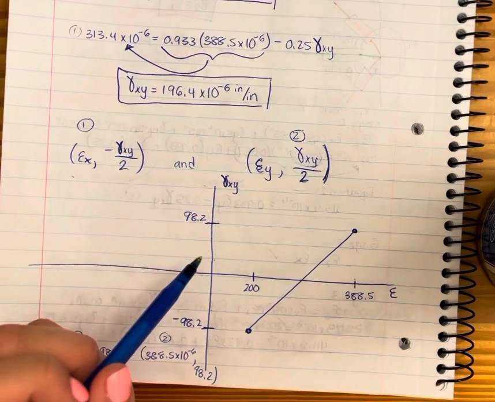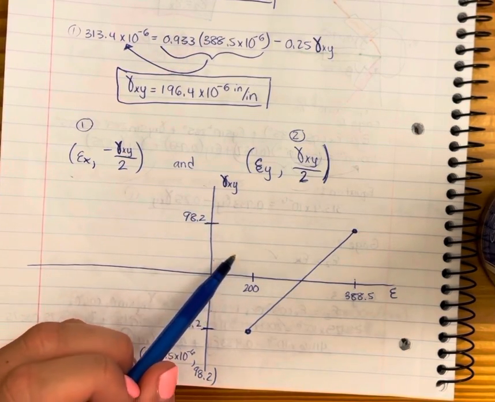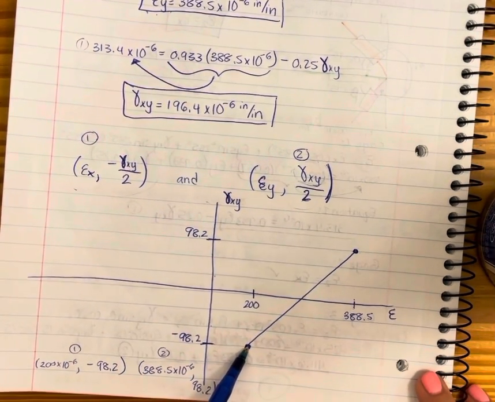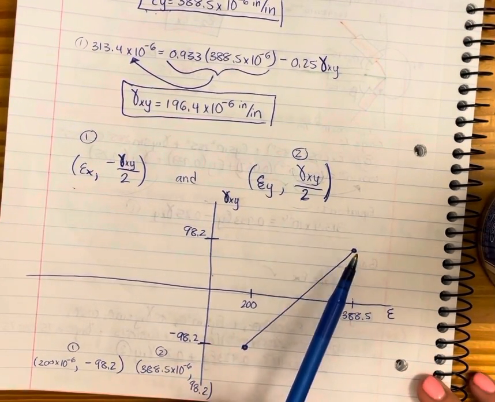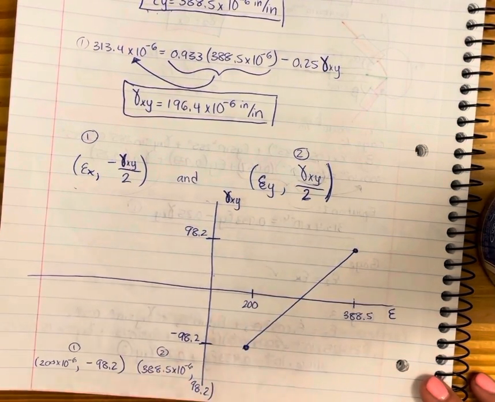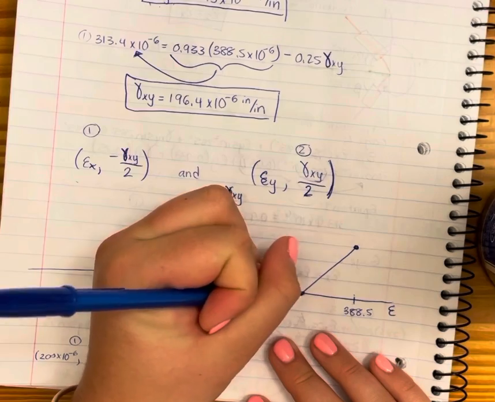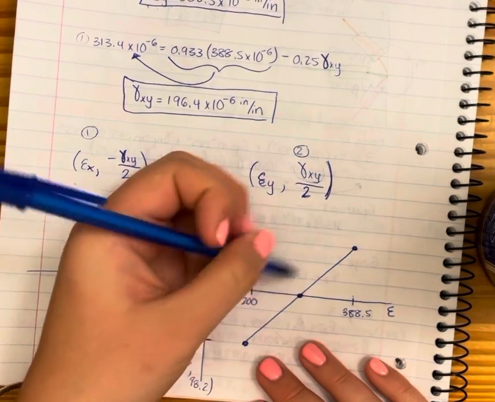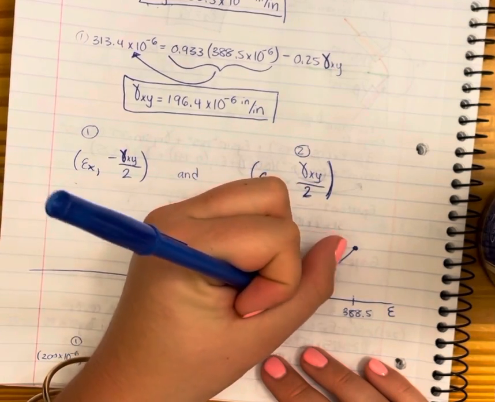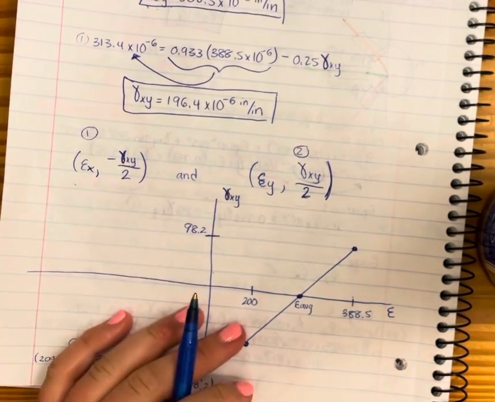As I was saying before, we want one point to be negative and one point to be in the positive y direction, because where this line intersects is the strain average.